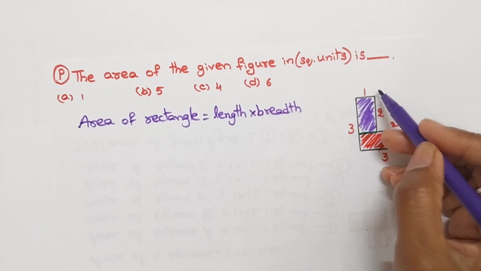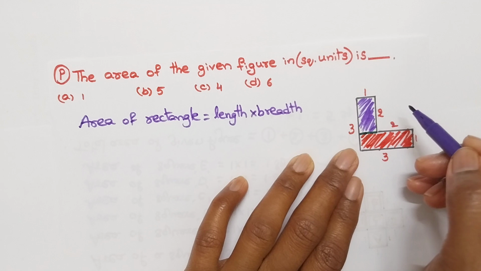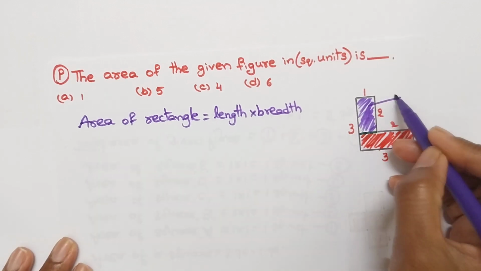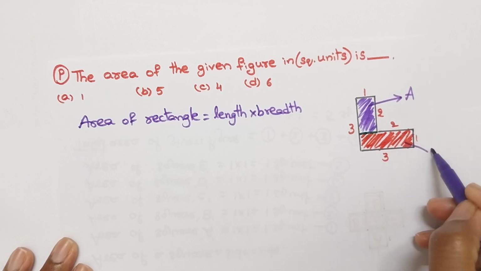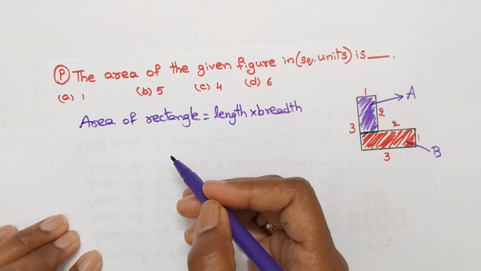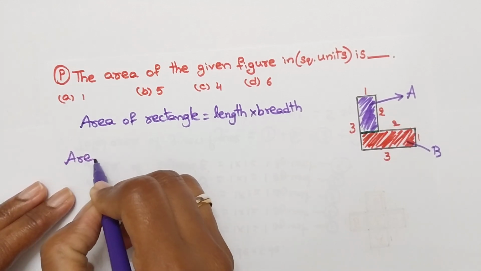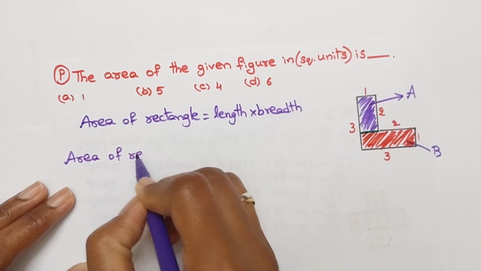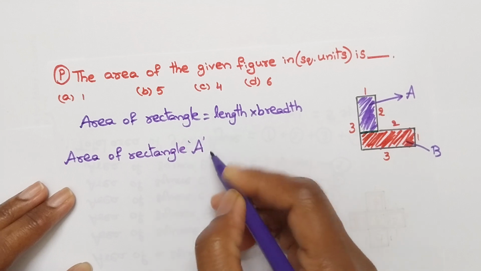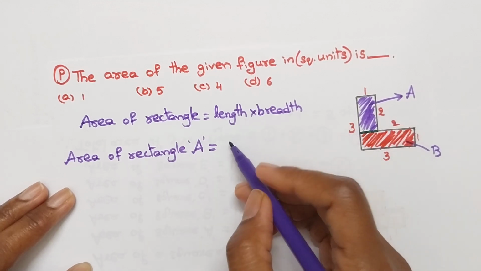These are not squares, these are clearly rectangles. I am taking this one as A and this one as B. So first I write down the area of rectangle A. For this, length, how much?